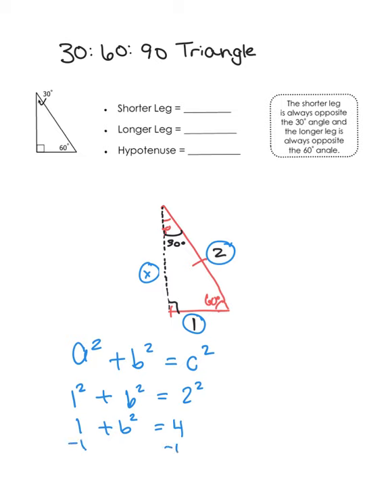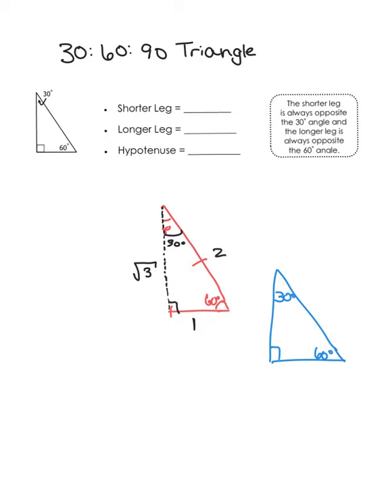Subtract 1 from both sides, and b squared is equal to 3. So b is equal to the square root of 3. So this side is the square root of 3. So my short leg is 1, my long leg is the square root of 3, and my hypotenuse is 2. Okay, so that's what we're going to hold on to.